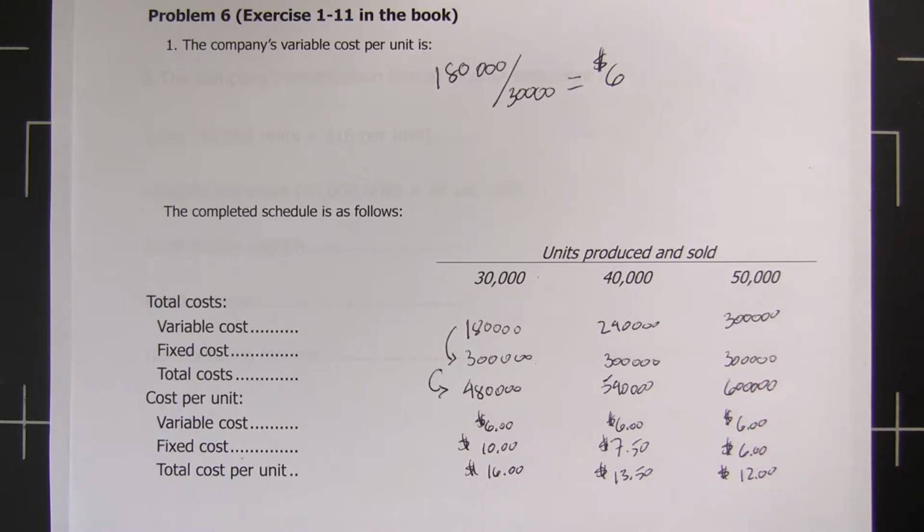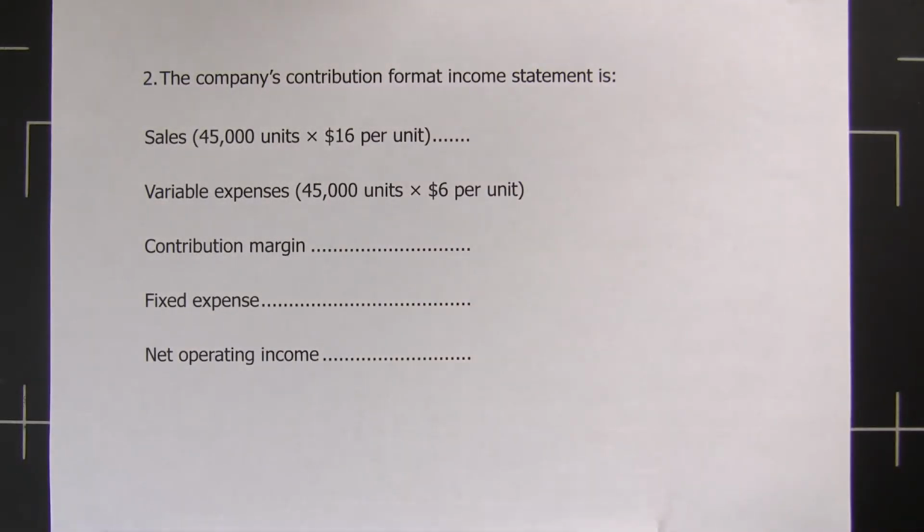That was part one. The next part they ask us to do is a contribution margin income statement. So suppose that they produce 45,000 units at a selling price of $16 per unit.